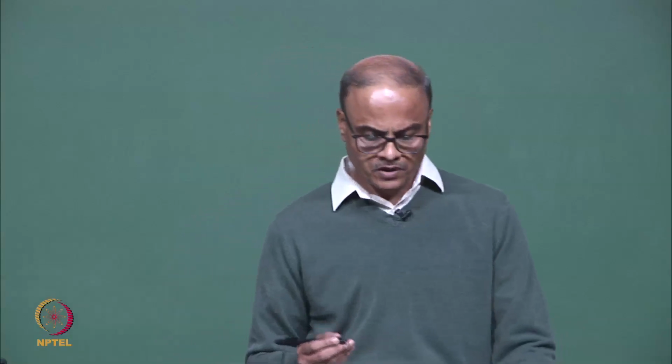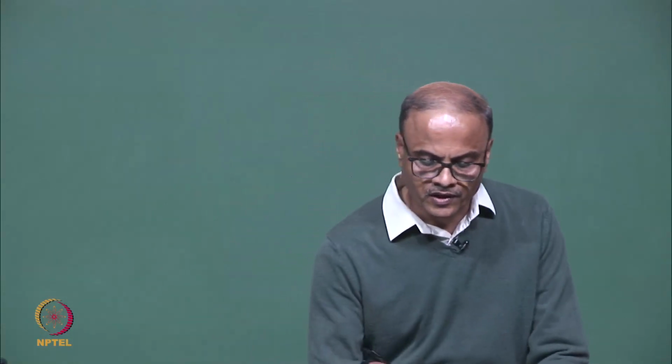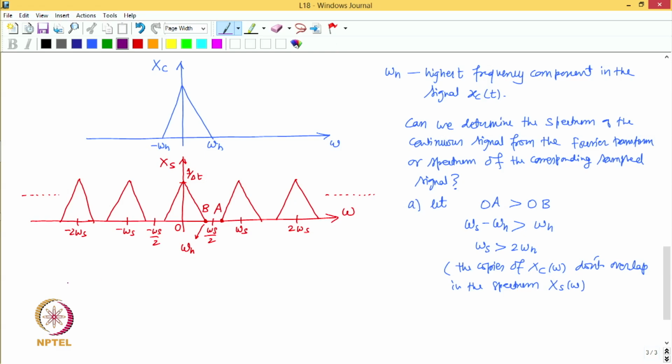So, let us now use a low pass filter to filter the signal. Let us say this is the filter whose frequency response is like this. This is the filter H whose magnitude is shown here, and this is the frequency axis.